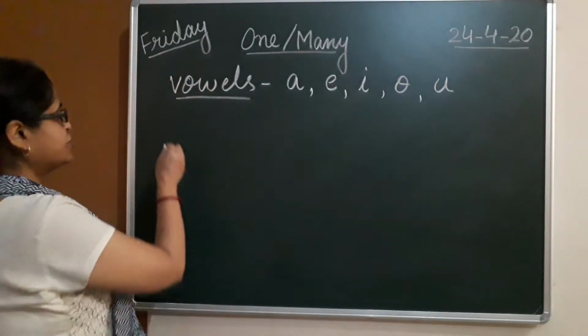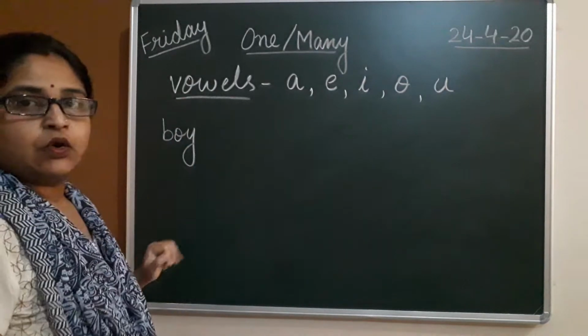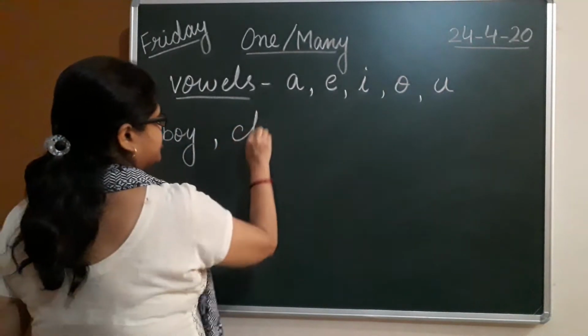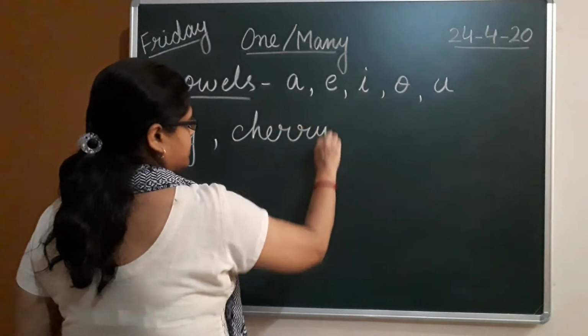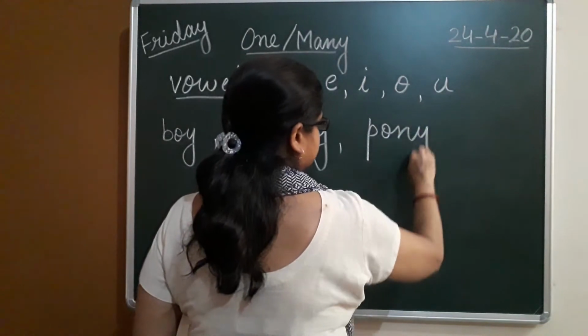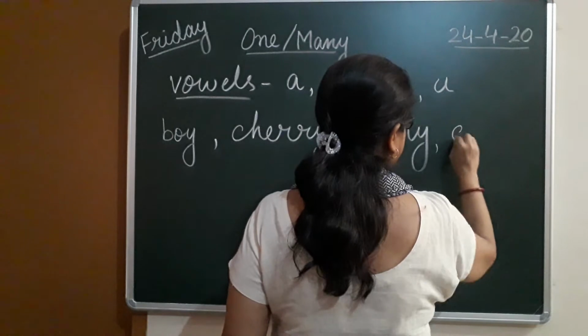Okay. Now children, there are words that end with Y, like boy, then cherry, then pony, then day.